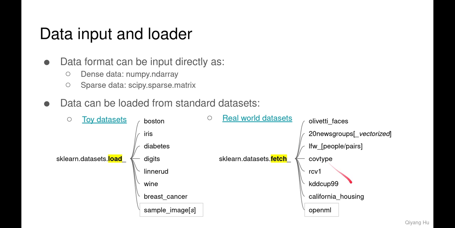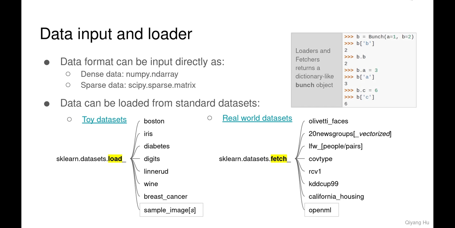For example, California housing is the dataset that we will use in our demo, and we also show one from the third-party OpenML, which is a public repository for machine learning data and experiments. Our example will be to download a dataset of gene expressions in mice. So you will see it's pretty handy for users to download datasets like that.